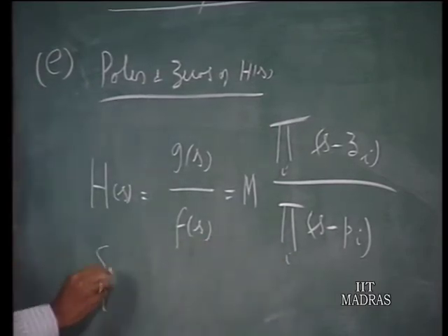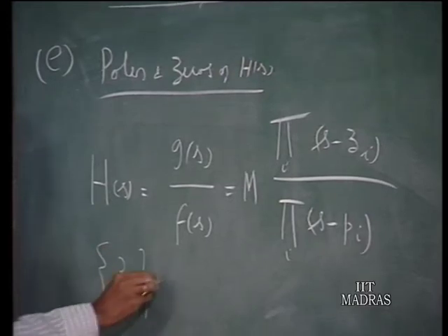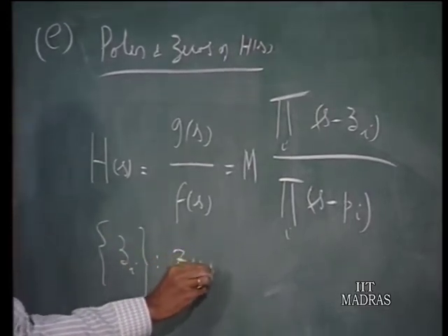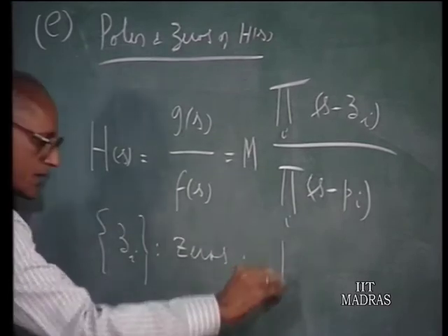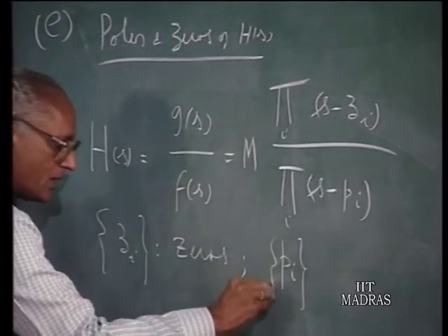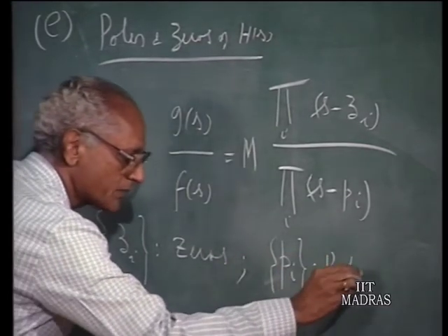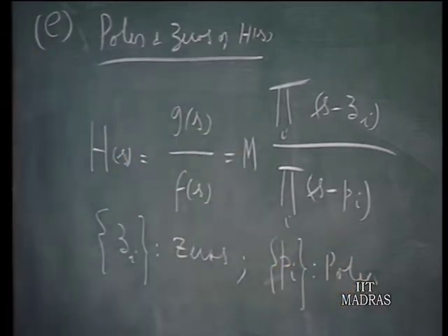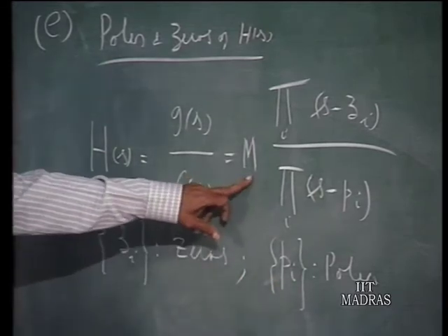And the set of z i are called the zeros of this H of s, and the set of p i values are called the poles of this, something which I think I have already mentioned. So H of s is uniquely specified by the locations of zeros and poles as well as the constant multiplying factor m.